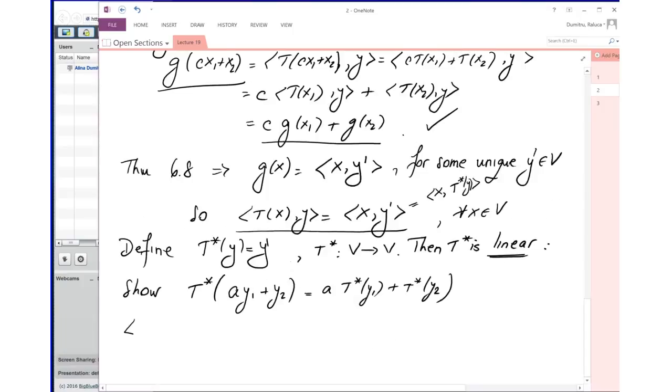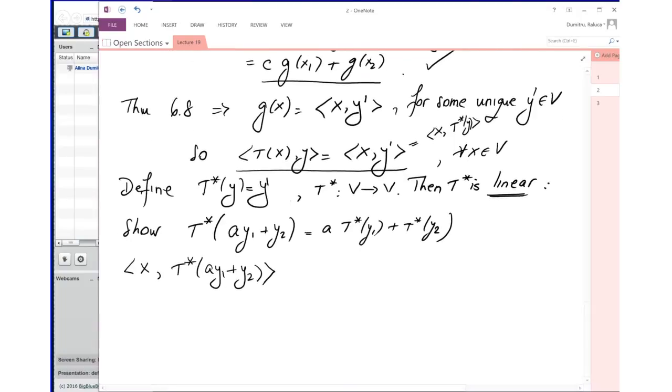Okay, so I'm going to start with the inner product between x and T star of a y1 plus y2. All right, so this underlined identity here tells us that T can move back into the first argument of the inner product.